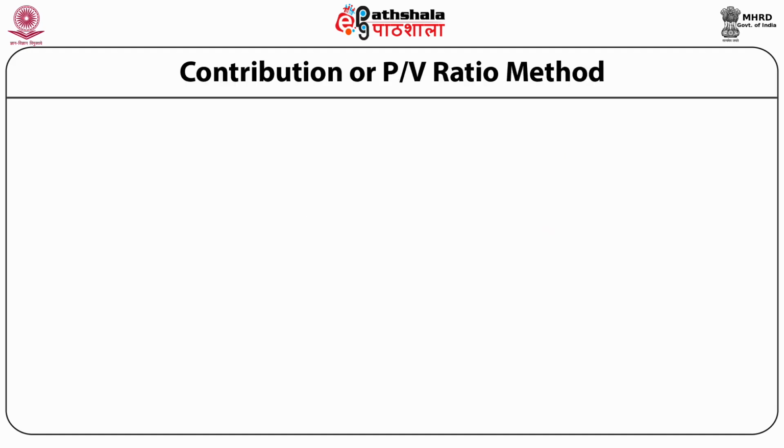The third method to calculate the break-even point is the PV ratio method. In the PV ratio method, we use the contribution, that is the excess of the firm's total revenue over total variable cost. The ratio of contribution to total revenue is known as the PV ratio.